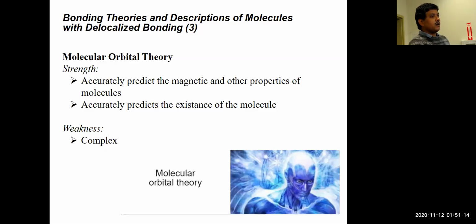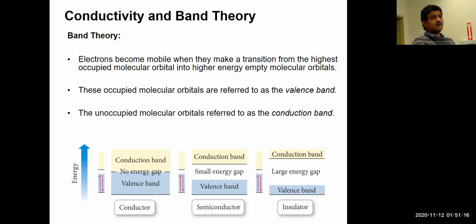Now, just one or two topics, not too complicated, and just kind of a discussion, like I said. Conductivity can be explained with the help of molecular orbital theory. We can shortly call it band theory.